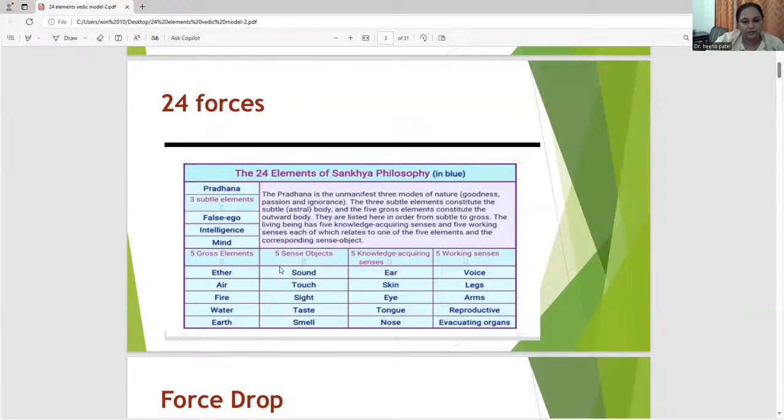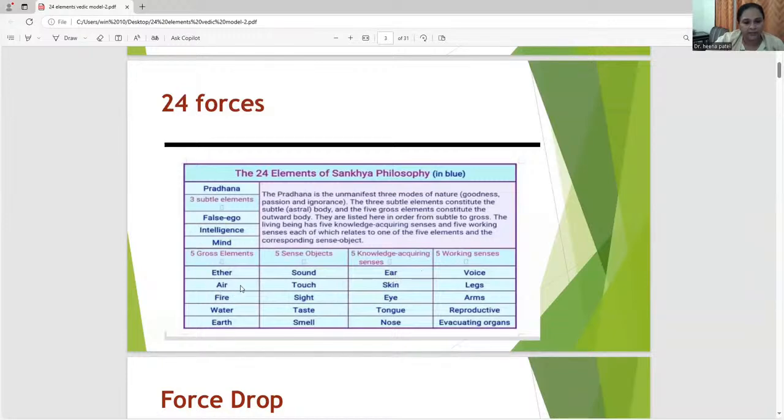Now the sense objects. Ether has a sense that we call sound. Its sense organ is the ear, and its working organ is the voice. So the ether element is required for voice, speech, and language development.